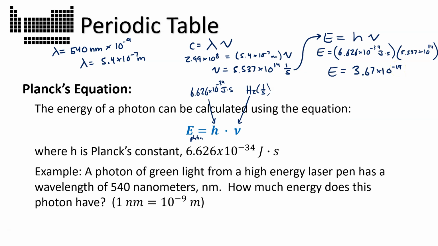If you do that correctly, you'll get the very small number, 3.67 times 10 to the negative 19. It's a very small number because it's one very small photon. The units of this, the frequency was 1 over seconds, so the seconds cancels out, and you're left with just joules. And joules is a type of energy unit, so this all checks out.